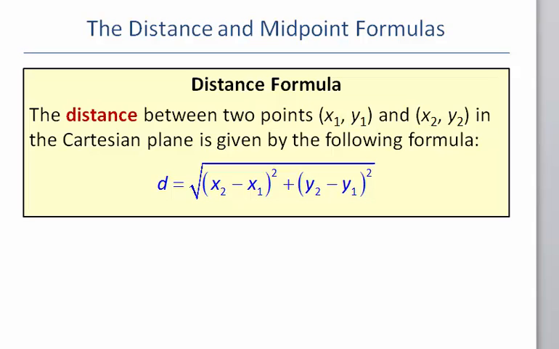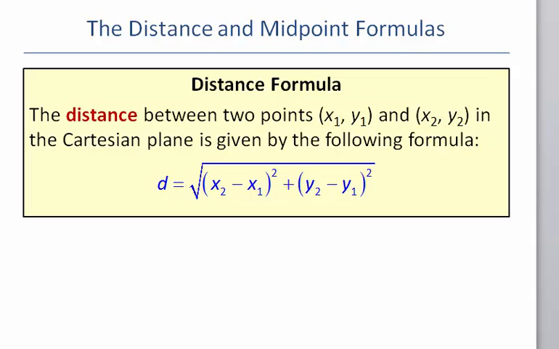D is equal to the square root of the quantity x2 minus x1 squared plus the quantity y2 minus y1 squared. This formula will tell us the distance between 2 points or the length of the line segment that connects the 2 points.